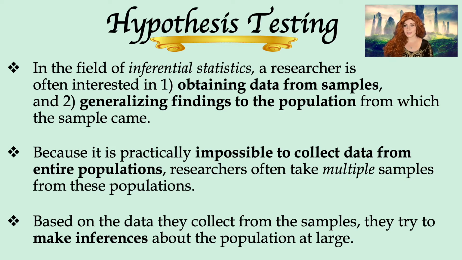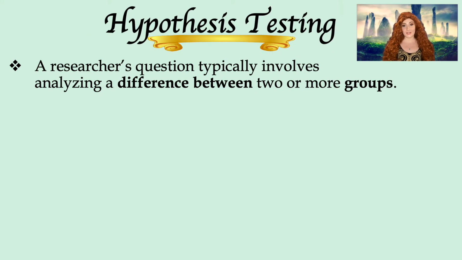So even though we're not testing the entire population, by testing samples from that population and acquiring data on the samples, we are then ultimately trying to make predictions and generalize the findings that we made from the samples to the larger population. A researcher's question typically involves analyzing differences between 2 or more groups.